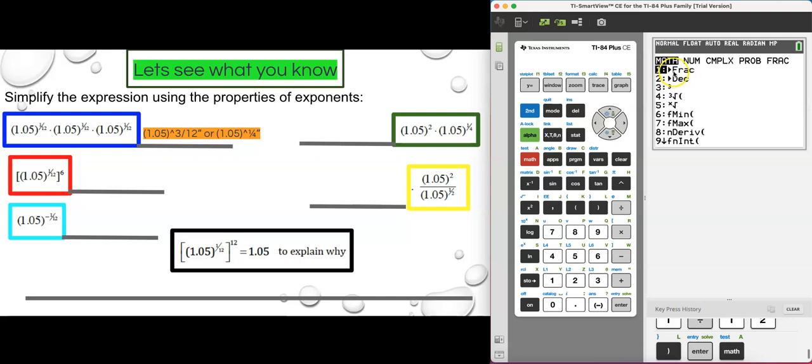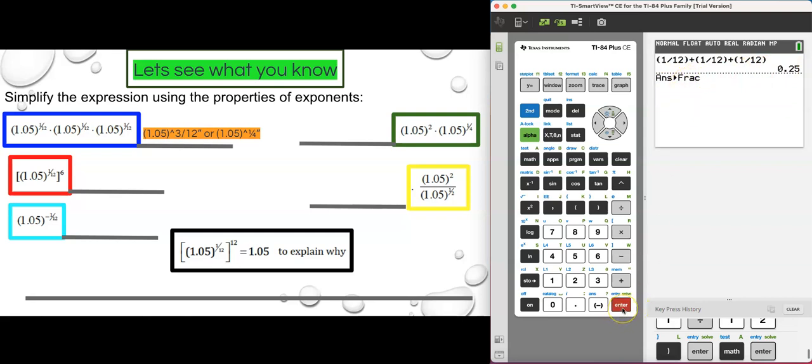Okay, so if I select 1, which is frac, F-R-A-C, it's going to ask me, well, do I want to take my previous answer and turn that into a fraction? Well, I'm going to hit enter because that's exactly what I want to do. And as you can see, it took this decimal and it converted it into a fraction. So therefore, 1/12 plus 1/12 plus 1/12 gives me 1/4 in its simplified form.